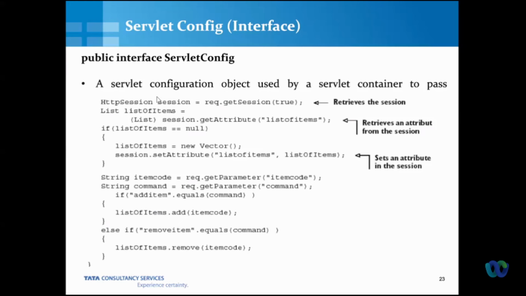Enum is nothing but a fixed set of constants, right? Get servlet context method will return a reference to the servlet context in which the caller is executing, and get servlet name returns the name of this servlet instance.